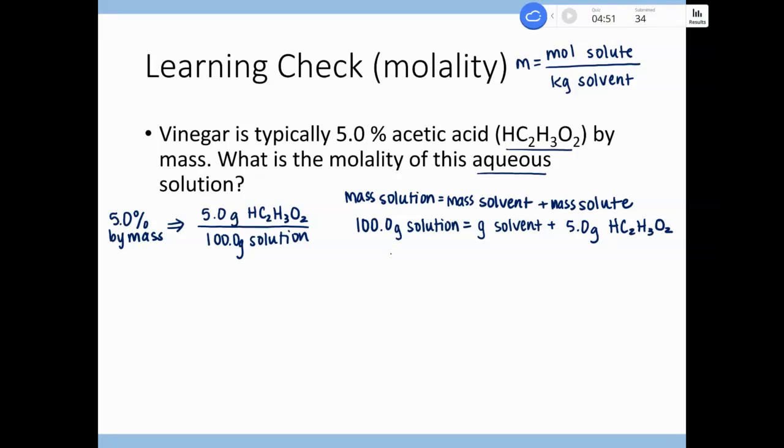So that means that the mass of the solvent is 100 minus 5, so 95.0 grams of H2O.